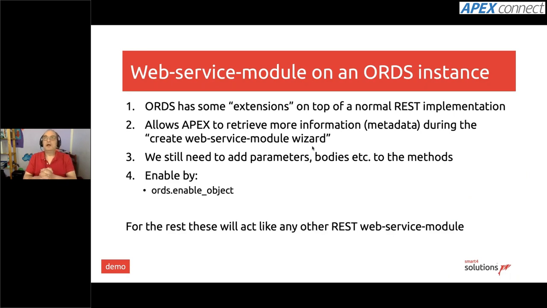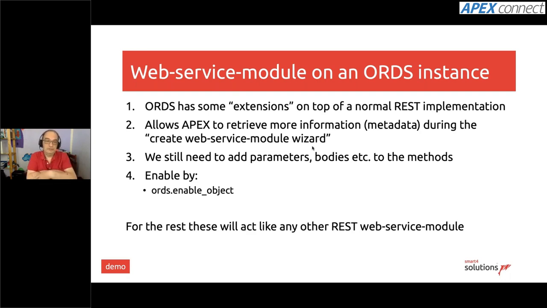So we talked about Apex being a client. We really quickly created the demo services on ORDS using the Apex Builder. But ORDS has some extra on top of the normal REST implementations, and it allows Apex to retrieve some extra metadata during the create web service module wizard.